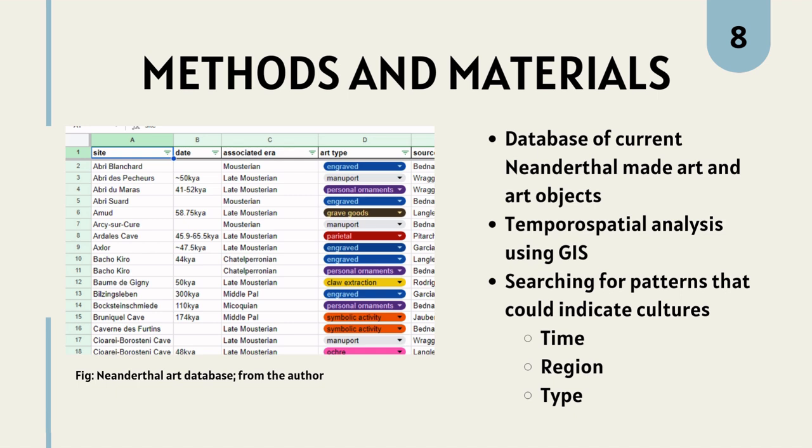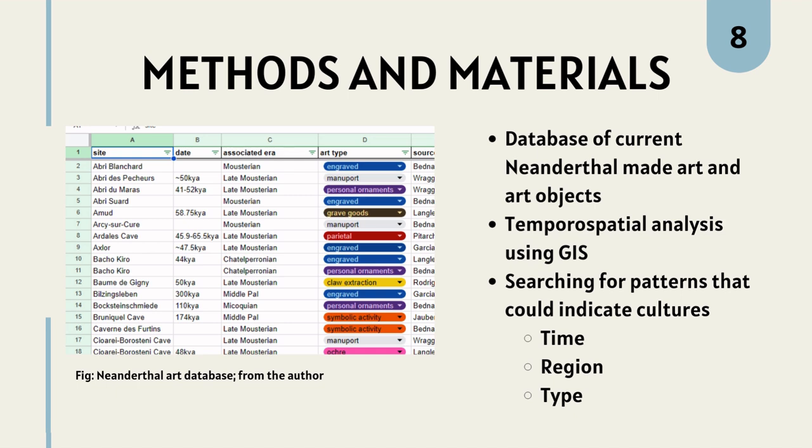So, for my research, I have created a database of currently known Neanderthal-made art and art objects. These examples range from all over Europe and into the Near East, range in time from the Middle Paleolithic to the Chalcolithic, and consist of several different types of art.